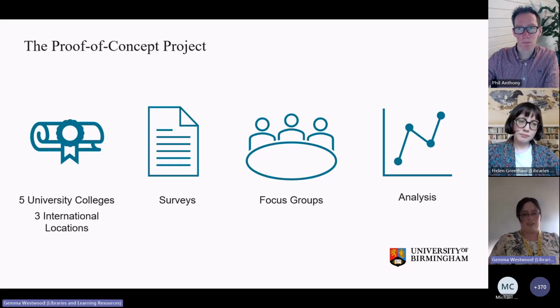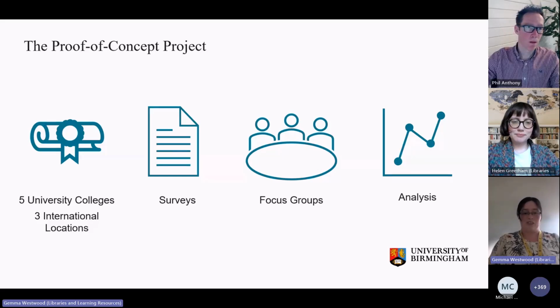So the project itself was an extremely large project. It trialled Graide and another assessment tool across the university within all 5 colleges, or for anybody else, 5 faculties. University of Birmingham uses the word colleges instead of faculties, and across our 3 international locations, so UK, Dubai and China.